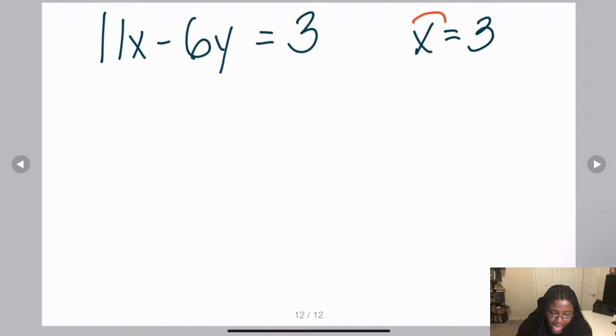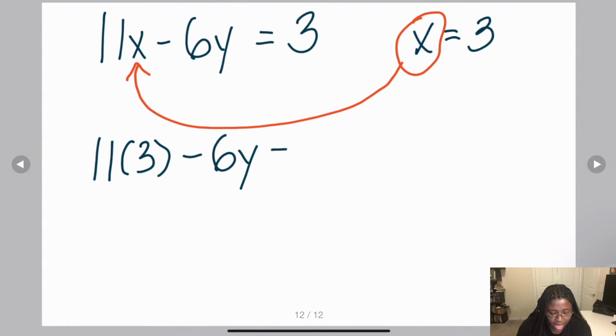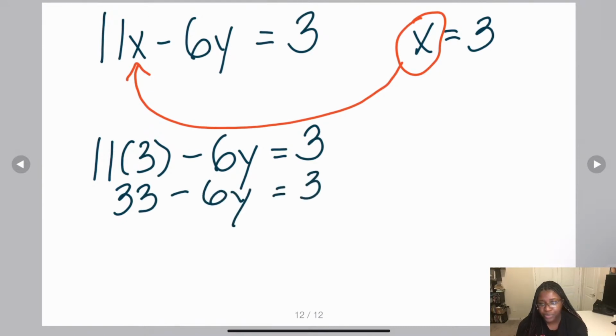So I'm going to take my ham, which is x, and put it into my sandwich here, which is the x in the equation. I'm going to replace that x with what x actually is, and x is 3. So 3 substitutes for x in 11x minus 6y, and that's going to equal 3. 11 times 3 is 33, minus 6y is 3 as well.